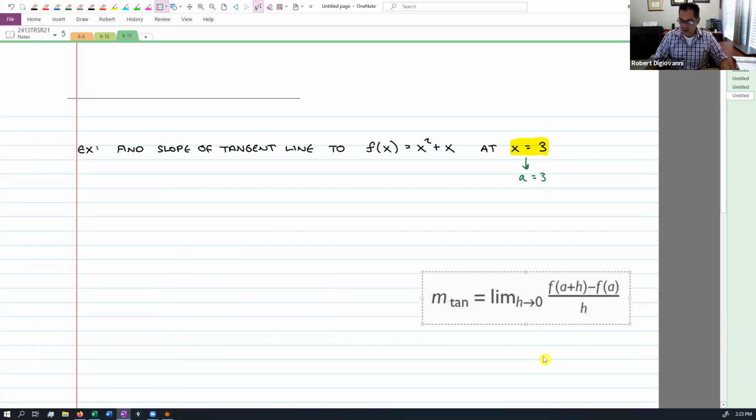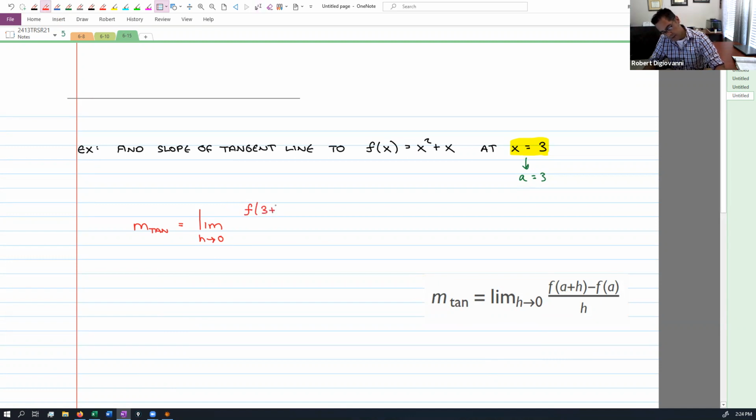Now, the good news is that A is still 3. I mean, A is the X value, that doesn't change, okay? So the slope of the tangent line here will be equal to the limit as H goes to 0 of f of A plus H. So I'm going to write f of A is 3 plus H, minus f of A, which is 3, all over what?